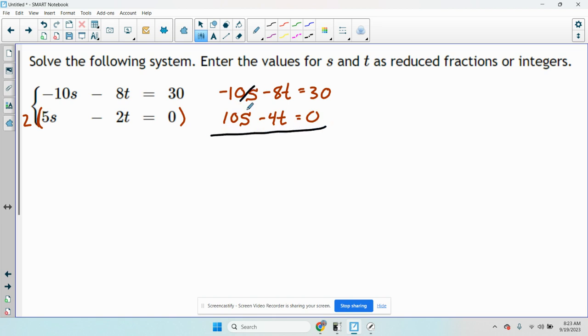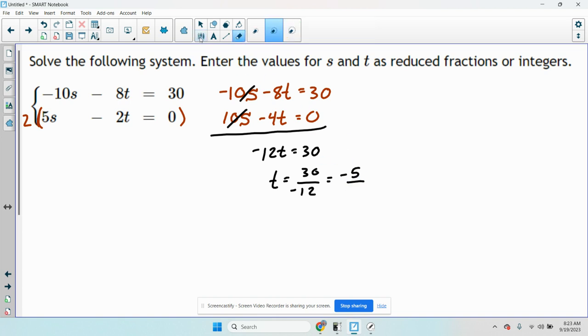Adding down, those cancel out. I'm left with negative 12t equals 30. So t equals 30 over negative 12, which is negative 15 over 6, which is negative 5/2.